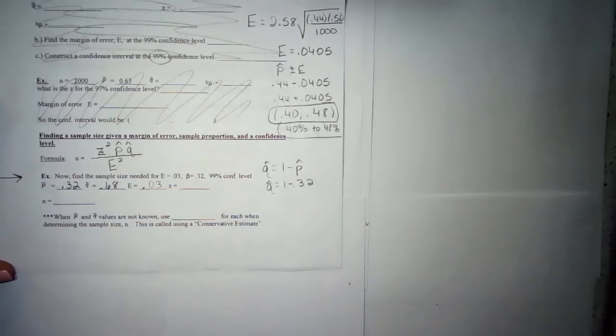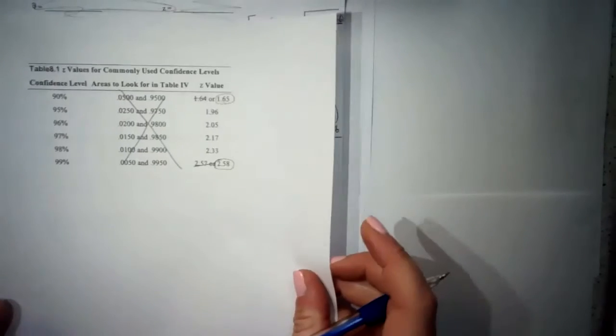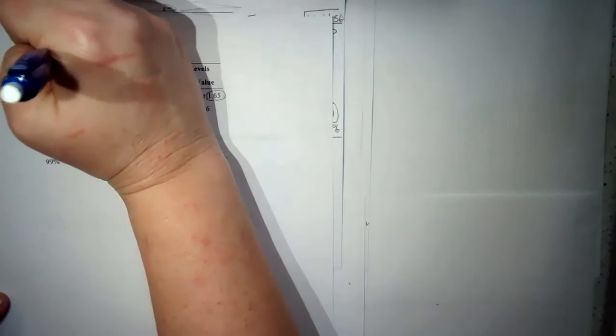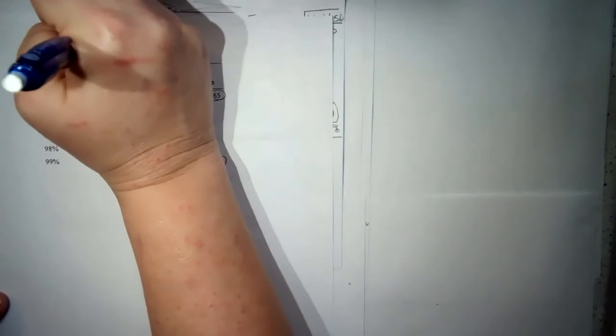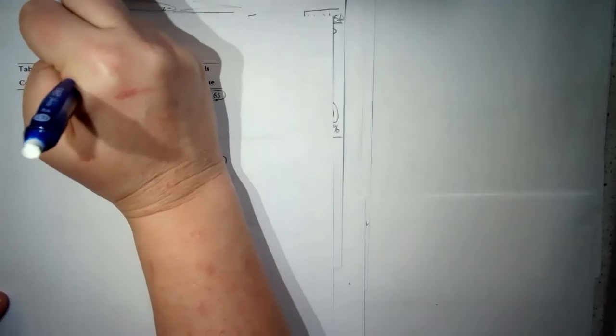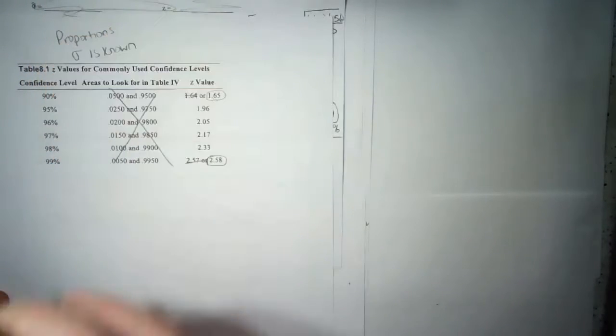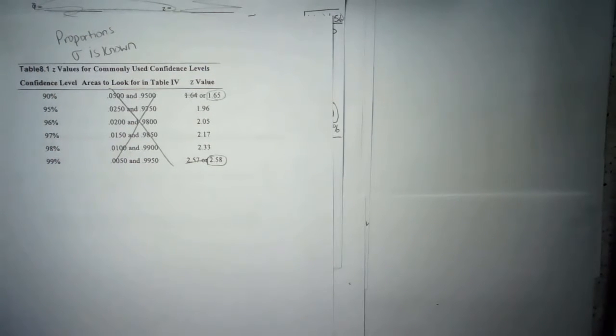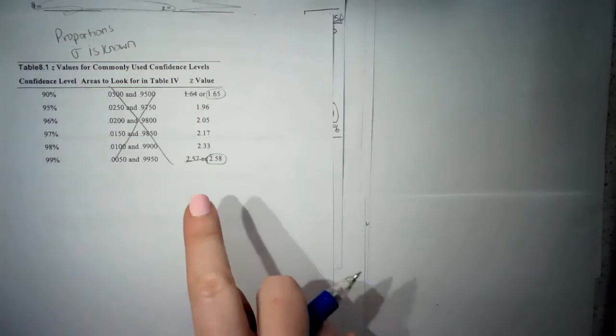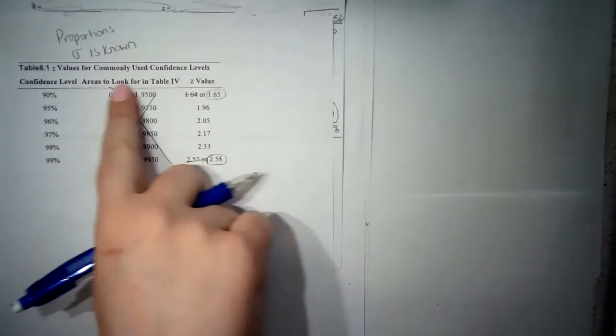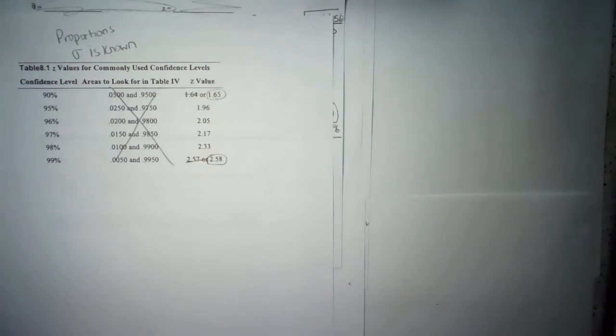Now we need a z. So remember, anytime that you are using proportions or sigma is known, we're using this guy, okay? And so Kayla and Maddie, you may want to go ahead and modify this a little bit, kind of the way that I have.